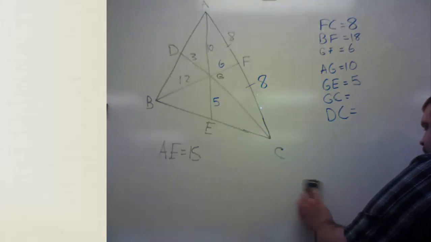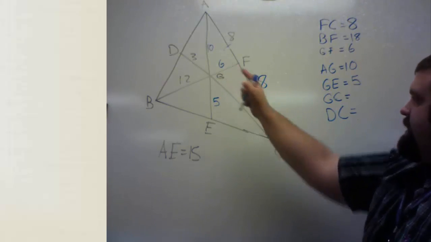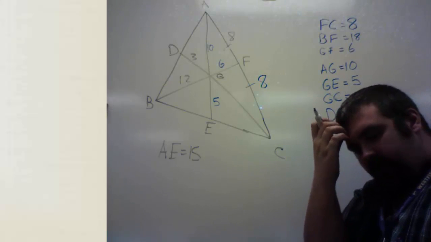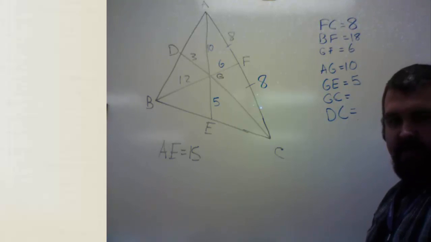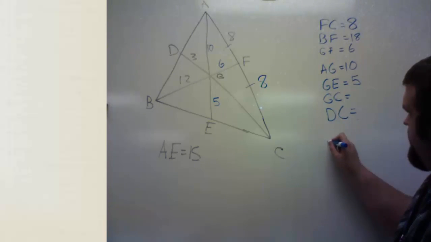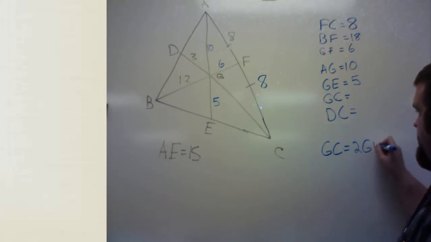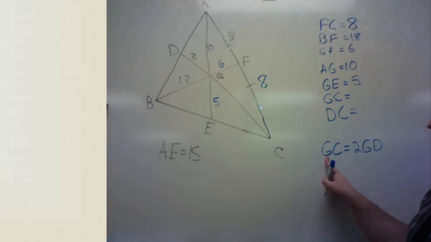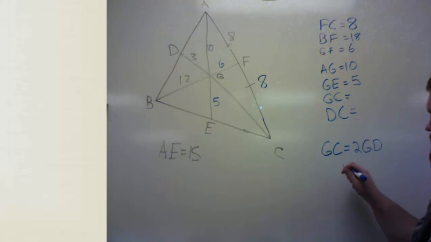Alright, the last two, length of segment GC and length of segment DC. You can go ahead and try on your own. If you've done correctly, you should get 6 and 9 respectively. Alright, the first one I'm going to do, length of segment GC equals 2 times the length of segment GD. From centroid to vertex equals twice from centroid to midpoint.